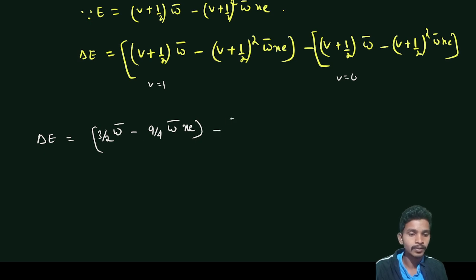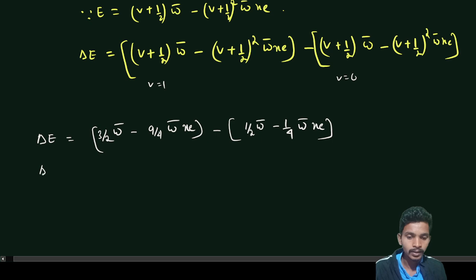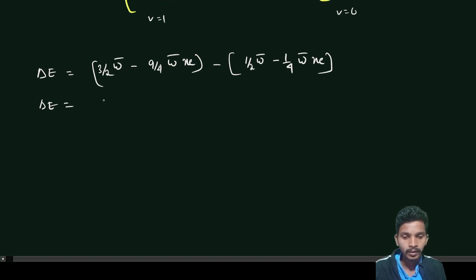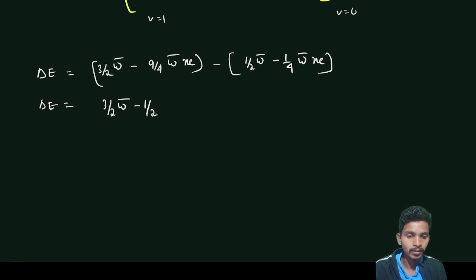And for v equal to 0, the value is half omega, and this is 1 upon 4 omega xe. So for this delta E, what we will get is 3 upon 2 omega minus 1 upon 2 omega minus 9 upon 4 omega xe, this becomes plus 1 upon 4 omega xe.